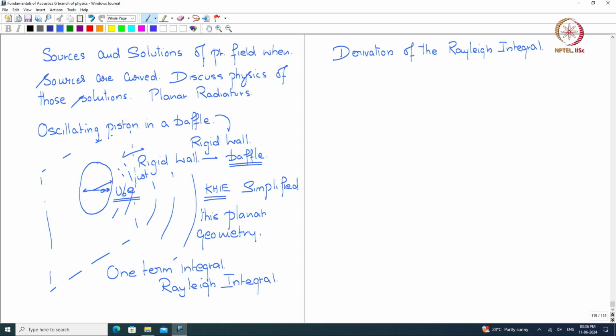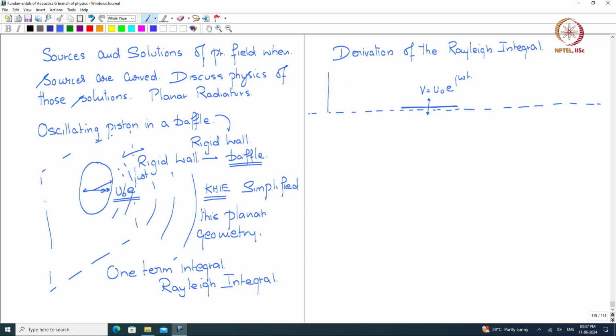So now here is the scenario. I have initially an imaginary plane, and there is a source, a plate of some dimension, which is oscillating back and forth with some velocity, let us say u0, velocity v.